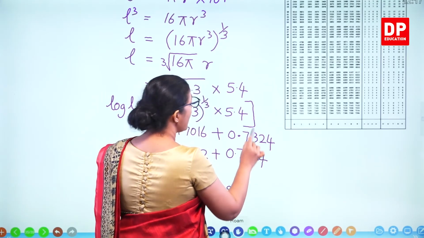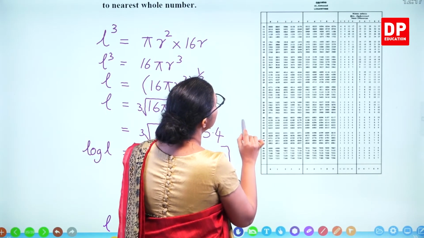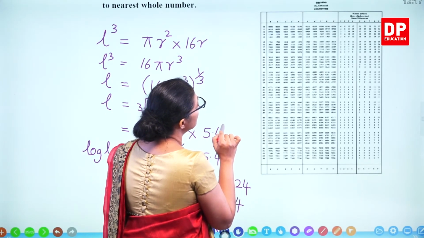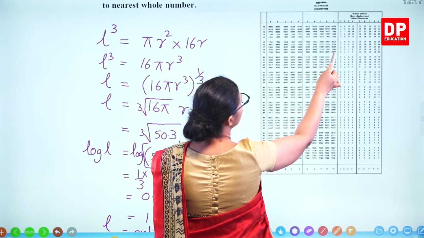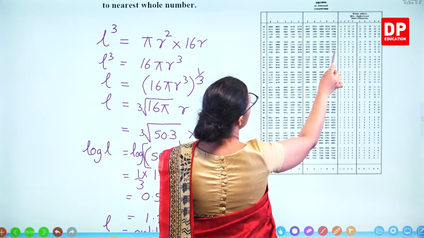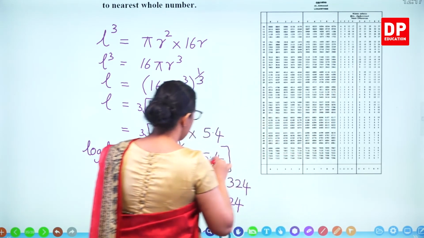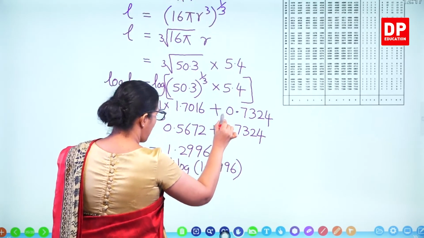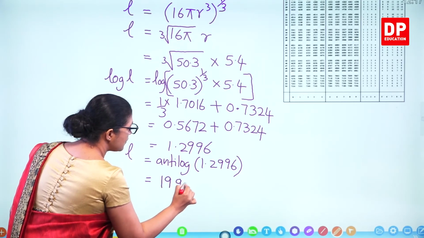We need to look at 2996. 89 is there. So we need 7. 1993.